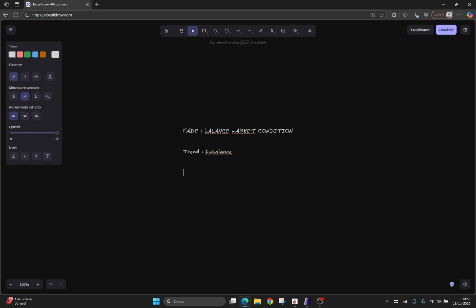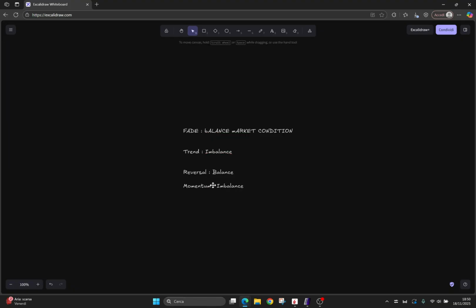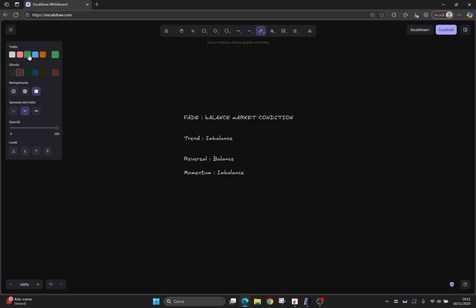Then we can have the reversal for balance market or rejection, okay? And then we can have the momentum for imbalance, okay? So you have, at the end of the day, trend models when there is imbalance, mean reverting models when there is balance.